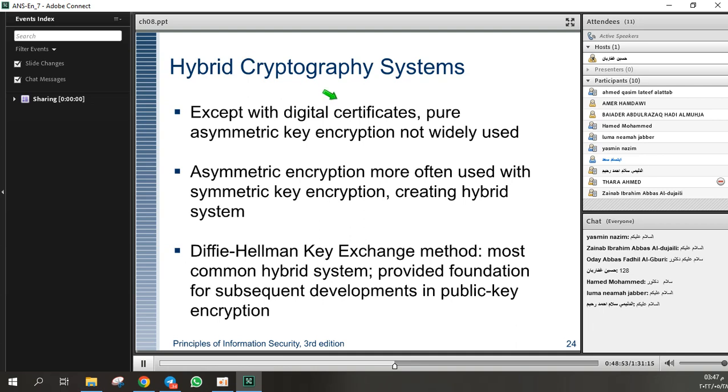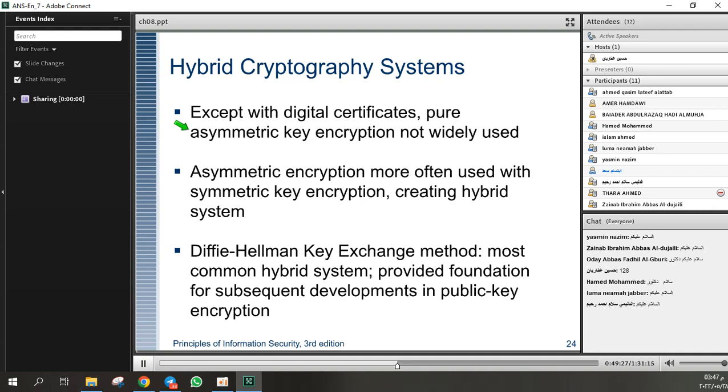So, except with digital certificates, we can see that just in a few cases scientists or different experts use asymmetric key encryption methods. Those asymmetric key encryption methods are not widely used in the real world because of that processing overhead.